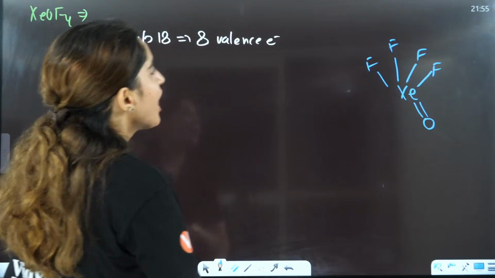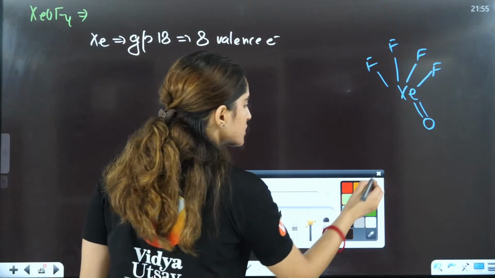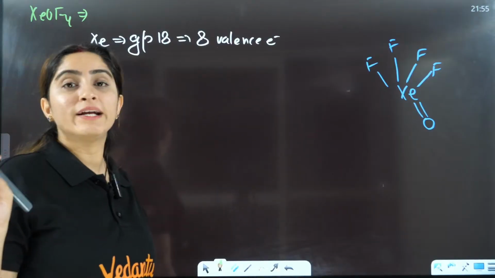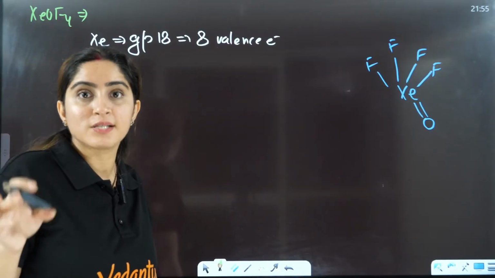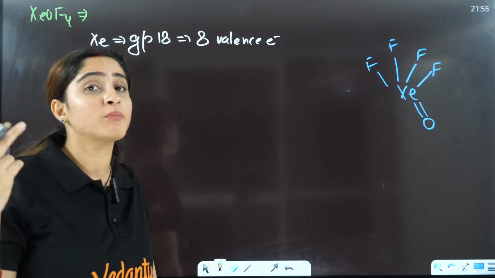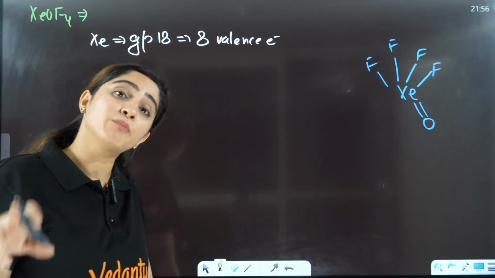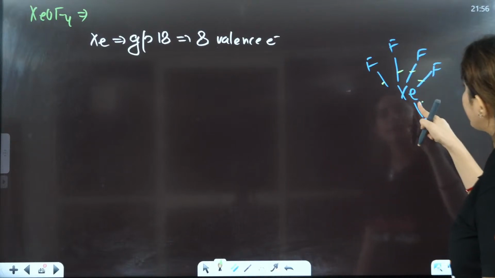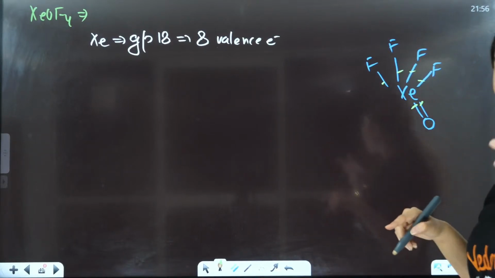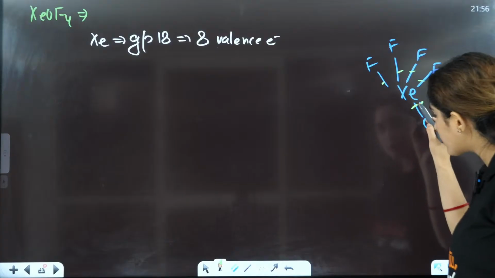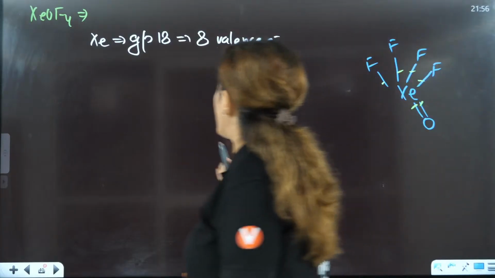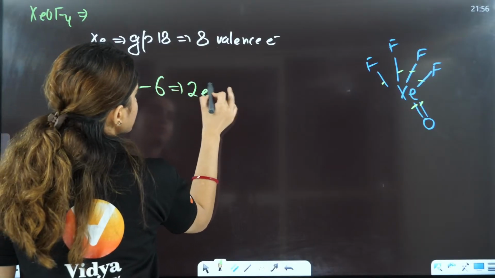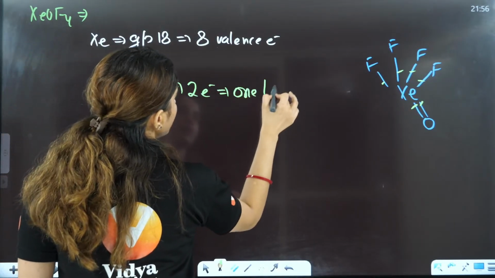Whenever you are calculating how many bond pairs it is forming, you need to subtract from the valence electrons. You will calculate the pi bonds as well. So it is 6, because xenon is using its valence electrons in the pi bond as well. So 8 minus 6 is 2 electrons, that is 1 lone pair.